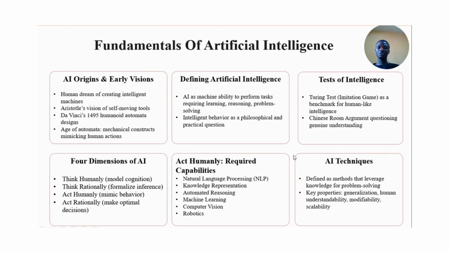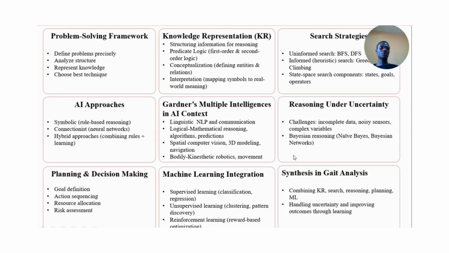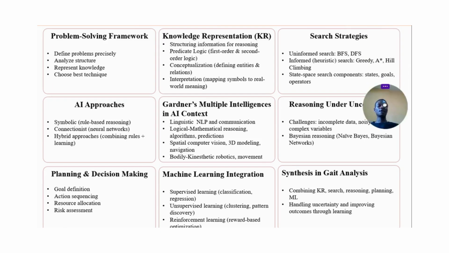With that said, we shall also look at what an artificial intelligence technique is. Having understood what an artificial intelligence technique is, we shall look at it in terms of problem solving. In problem solving, once we define a problem, analyze it, and represent the knowledge within its domain, we choose the best technique that guides us in how problem solving will be handled in this artificial intelligence technique.